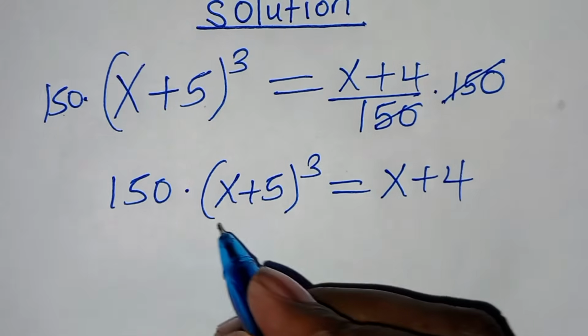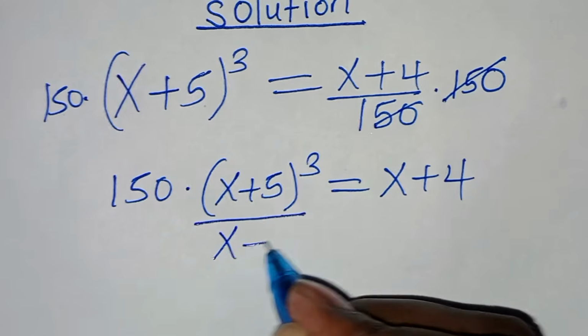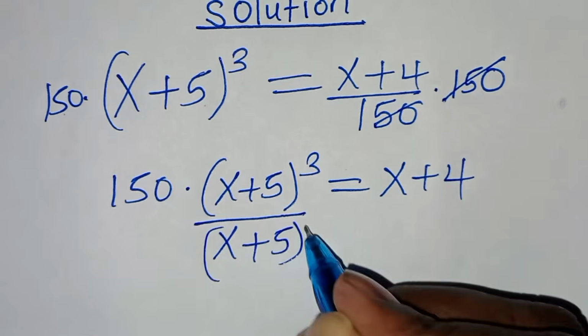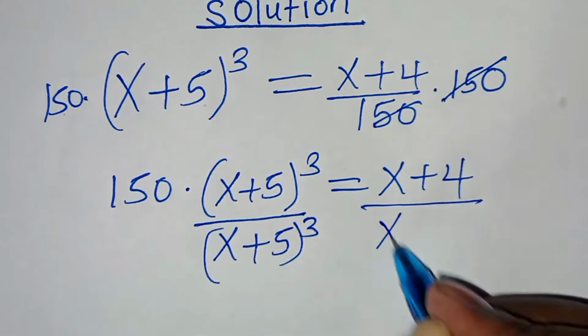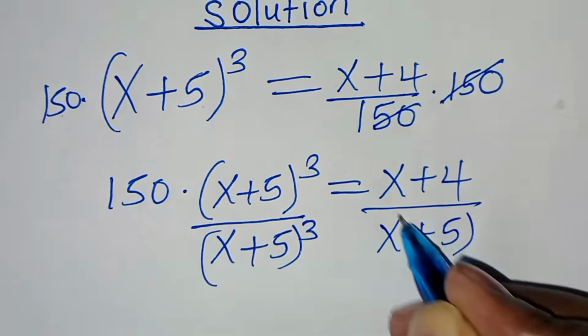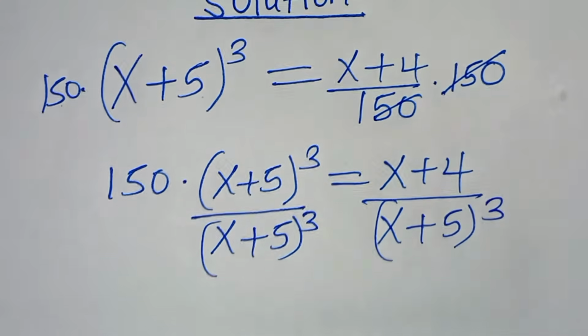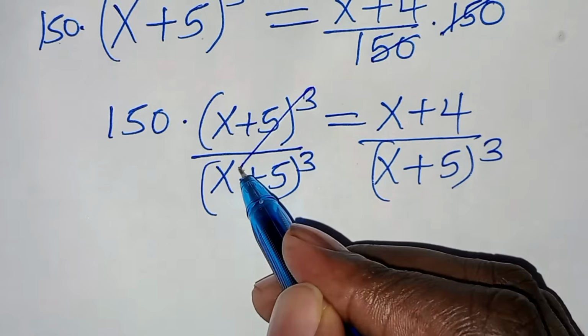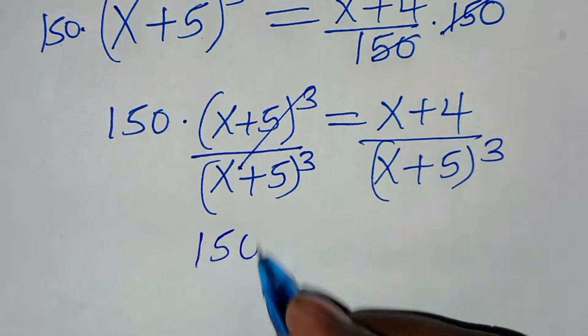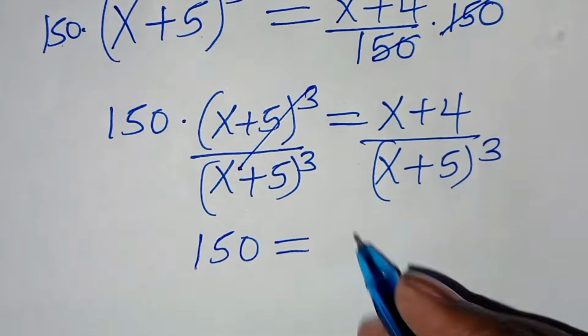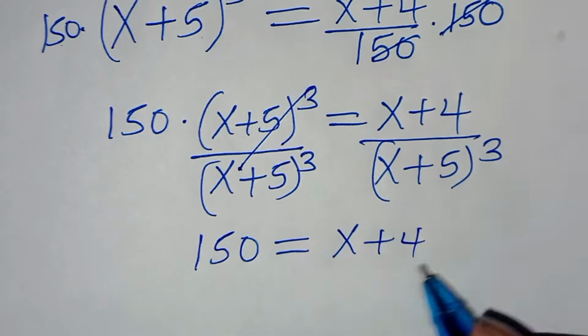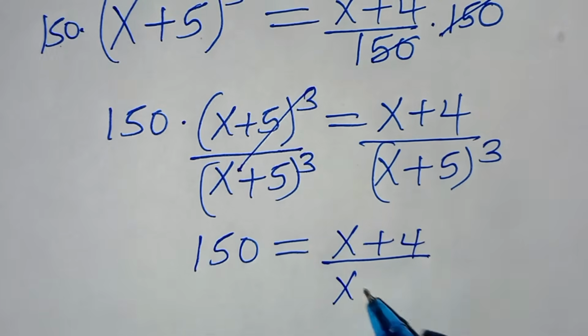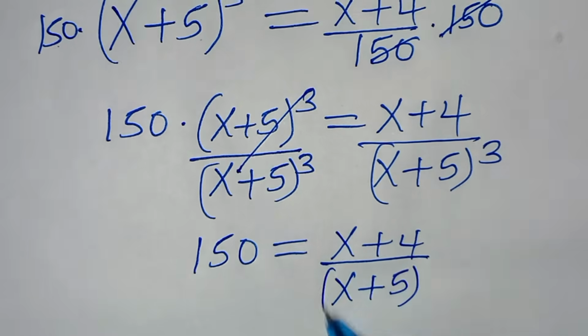Now let's divide both sides by (x + 5)^3. Let's simplify here, so that we have 150 is equal to (x + 4) divided by (x + 5)^3.